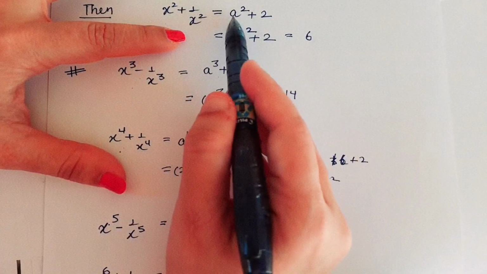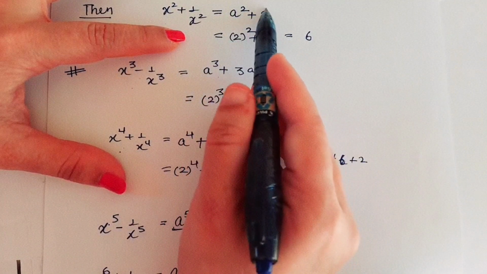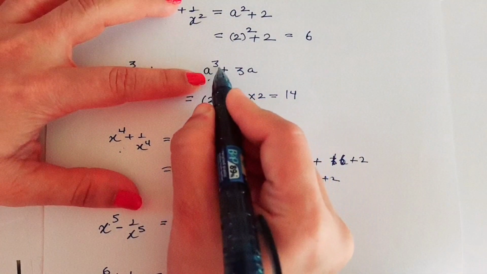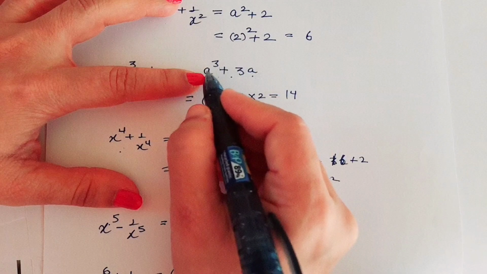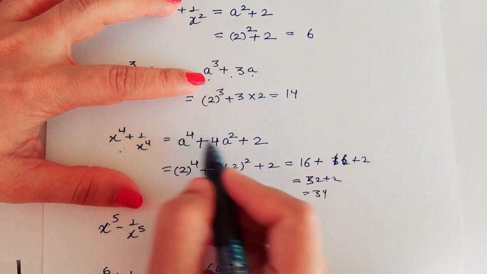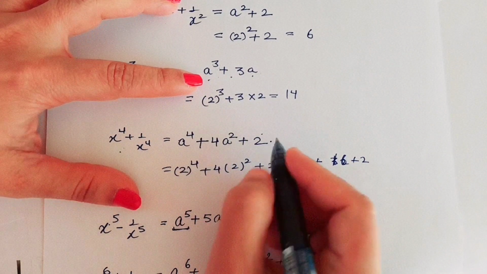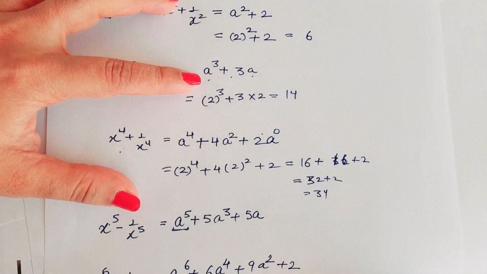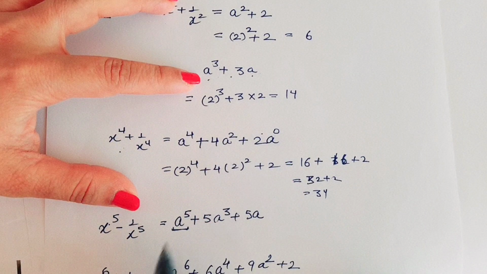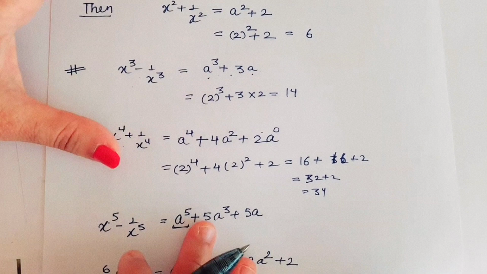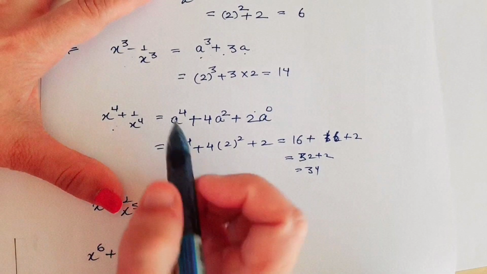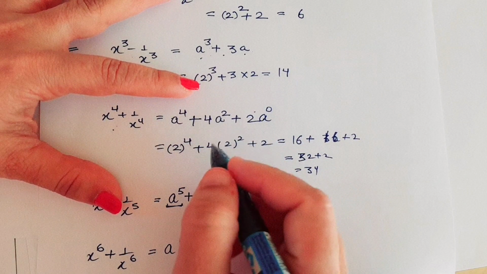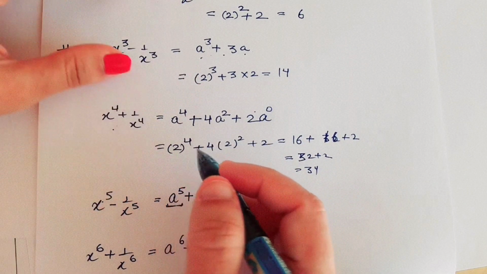For power 3, the next is power 1. For 4, it is 4, 2, 0. For 5, it is 5, 3, 1, so you are going 2 degrees down. For 6, it is 6, 4, 2, 0. So this is how you can learn these formulas, and it is not tough, and you can easily calculate these values.